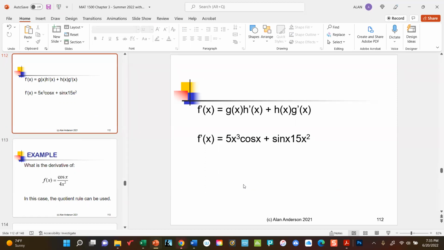So that's the answer. And so of course, you notice we were using the product rule, but we also were applying the derivatives of the trigonometric functions. And yeah, there's no identities here that we can use to simplify it any further.